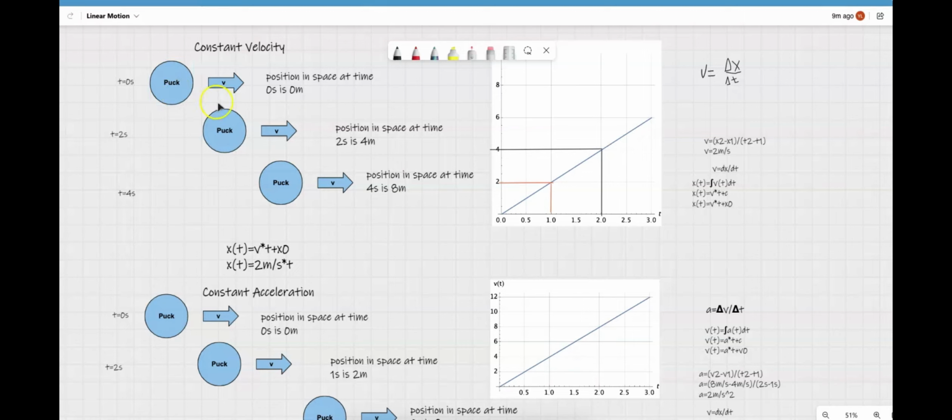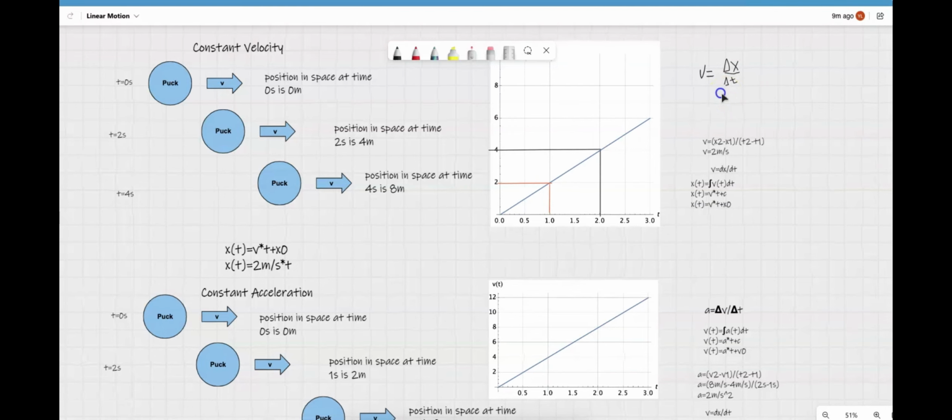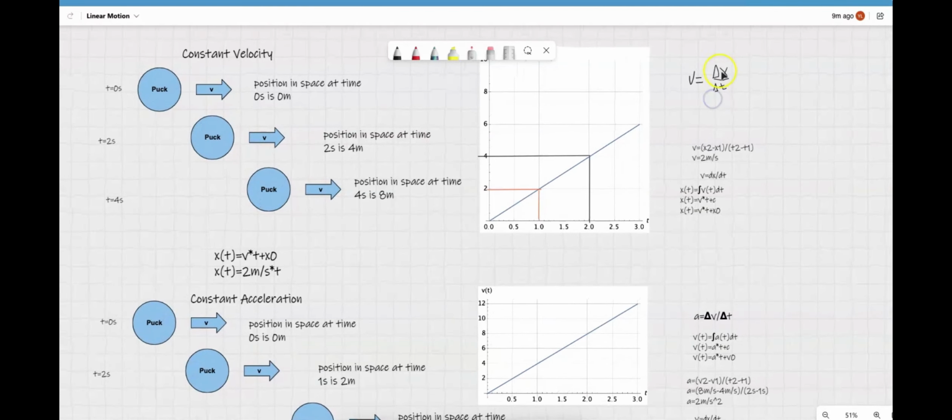Don't take the spacing of the squares on the grid here too literally. I did my best, but this is just showing the general idea. They should be equally spaced. So let's do this mathematically. We've established that the velocity is the change in our position over change in time.